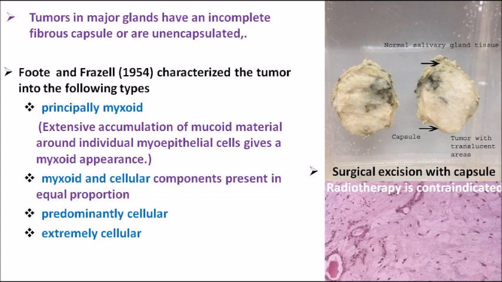As for treatment, radiotherapy is contraindicated in pleomorphic adenoma. It is a benign tumor and you needn't go for radiotherapy. Only surgical excision with the entire capsule removed is done. Understood?